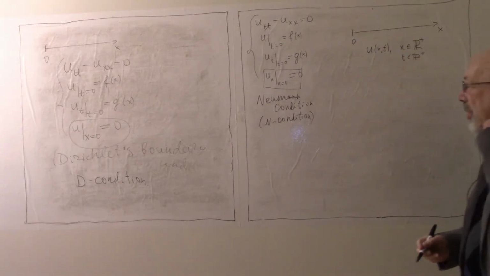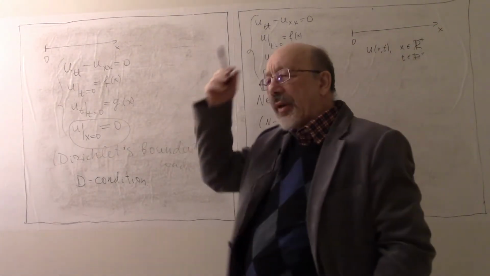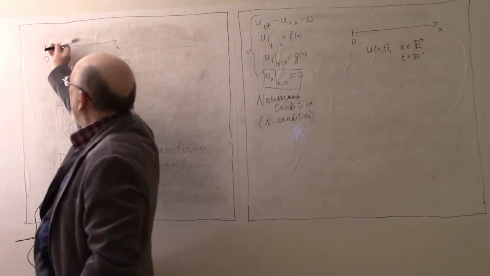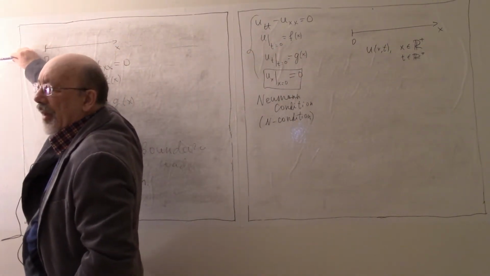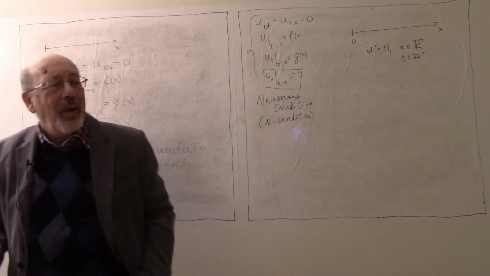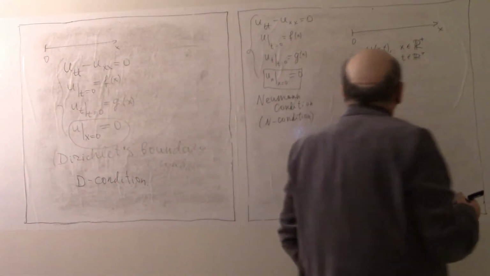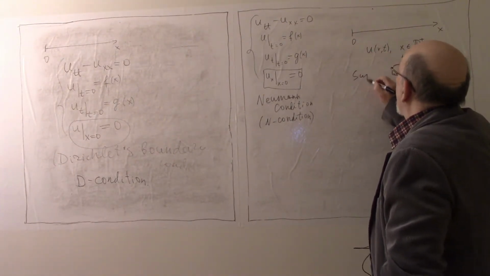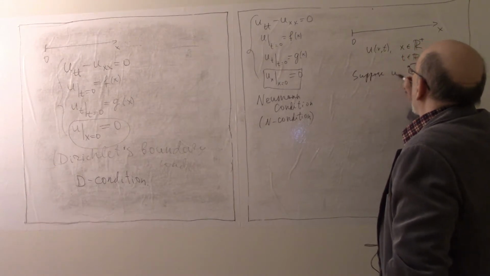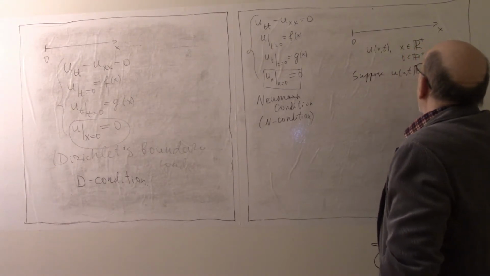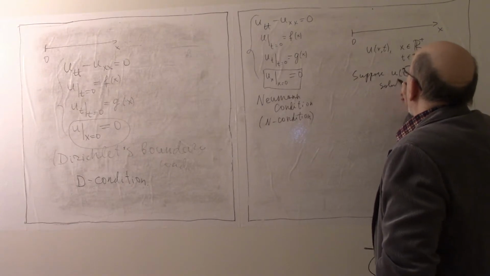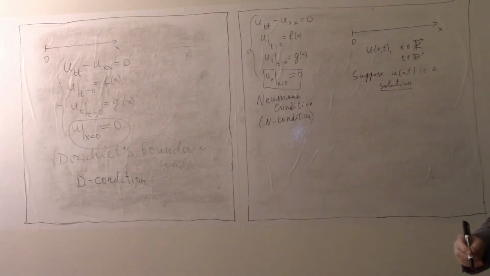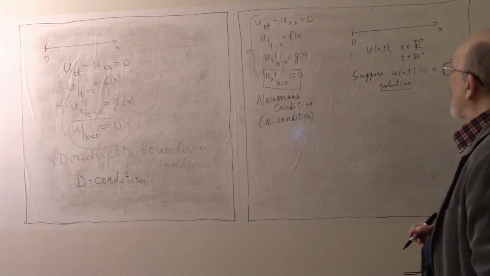And if you remember, in the case of D condition, we produced the odd reflection of the functions, and here we do the even reflection. So suppose u of x,t is a solution. We start from this.